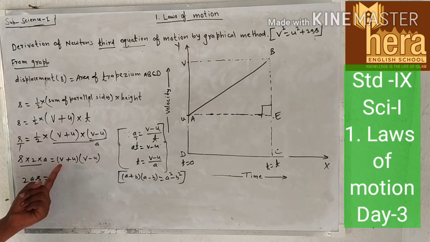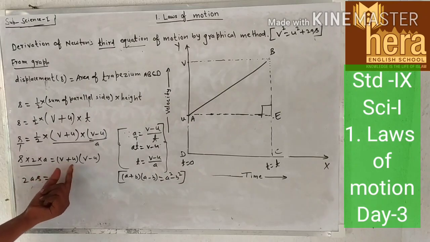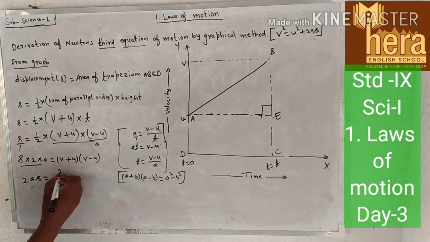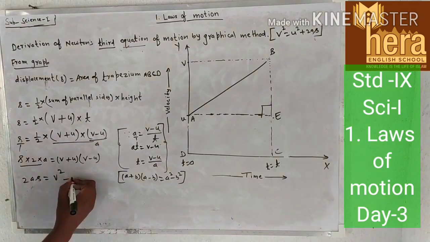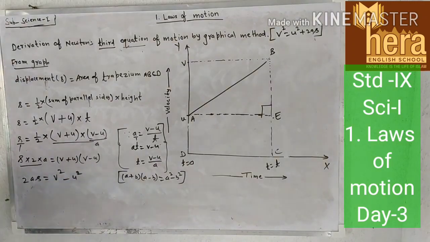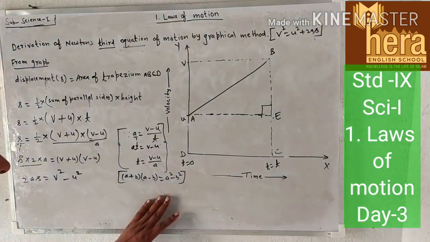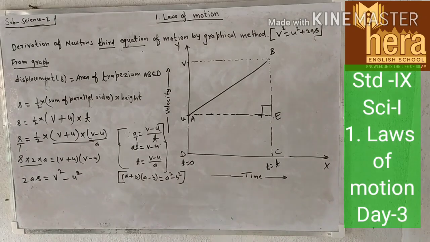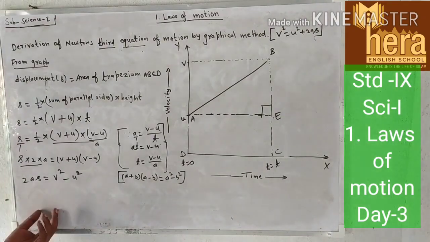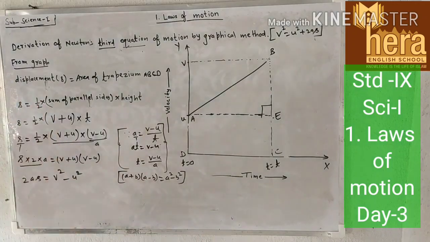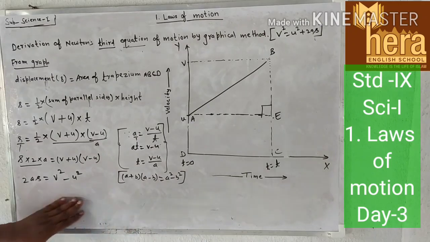So here (v plus u) into (v minus u) is equal to v square minus u square. In physics, mathematics will be used, because at least 40 to 50% of physics is mathematics. So don't worry, if your maths is strong, your physics will automatically be strong.